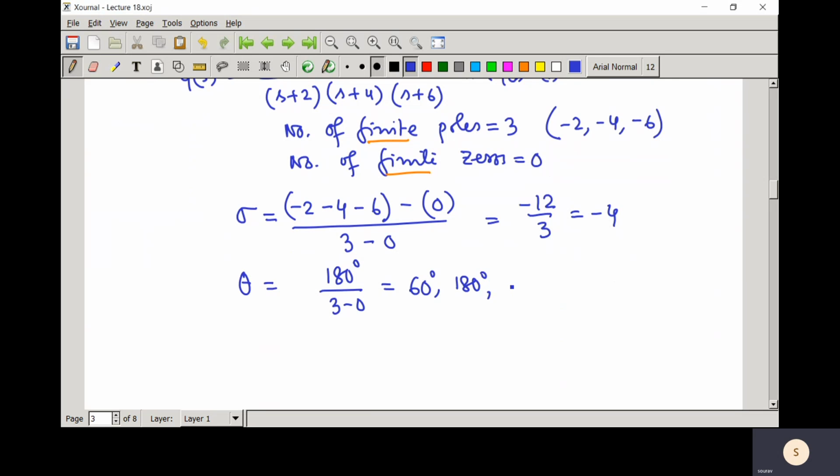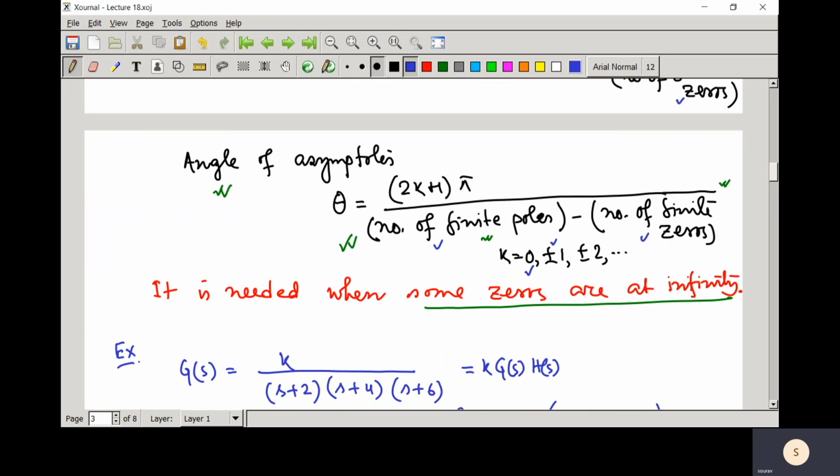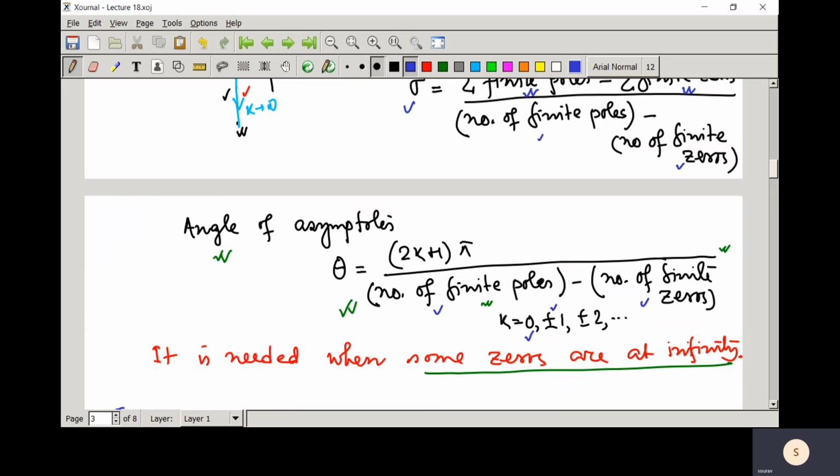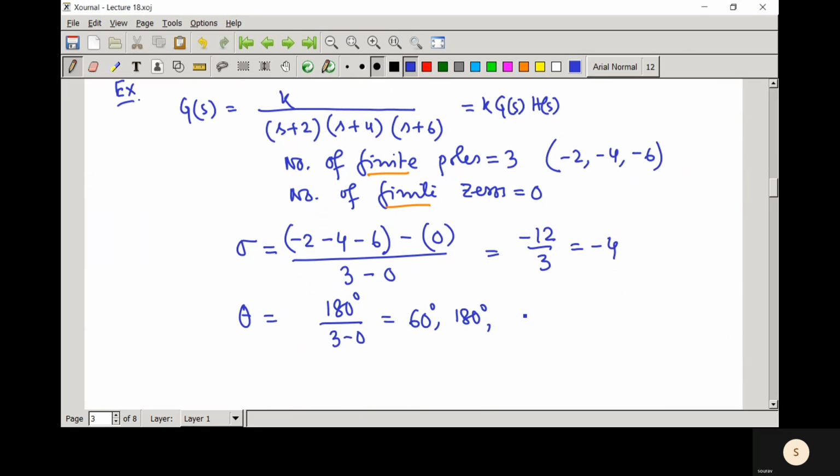And again, if we take k equal to 2, that is 5 into 60, that is 300 degree. So like that.